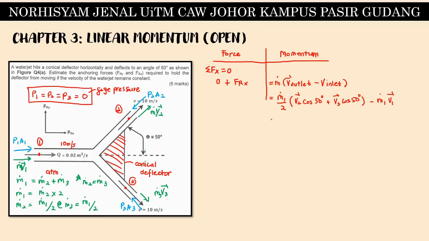So if you put numbers for this question, FRX is equal to m dot 1, which is just now we have Q 0.02, so this is water, 1000 times 0.02 divided by 2, and then multiplied by V2, which is 10 cos 50 plus 10 cos 50, minus m dot 1, 1000 times 0.02, multiplied by V1, which is also 10 meter per second.